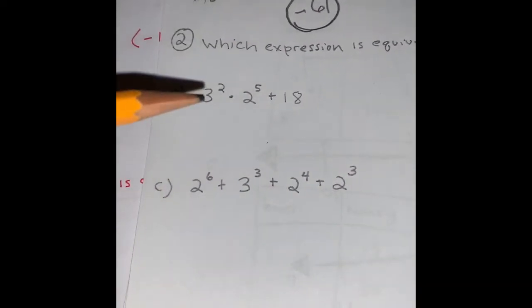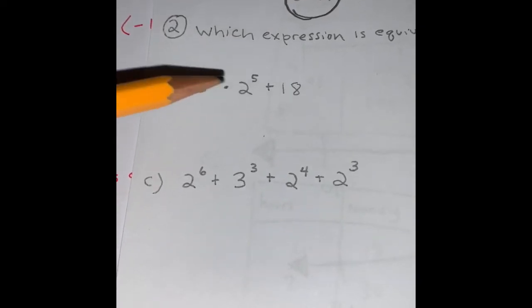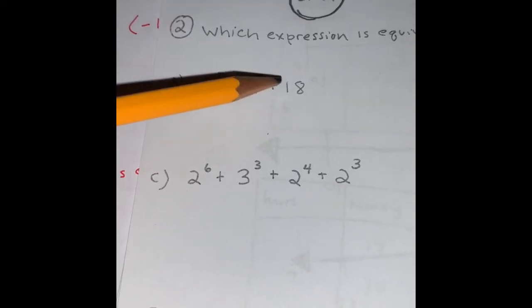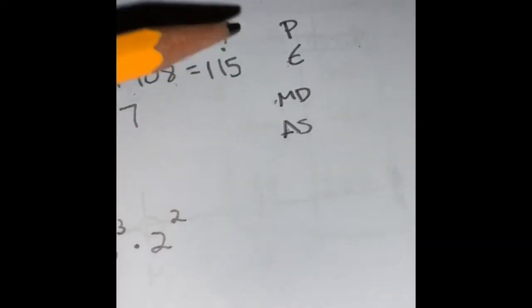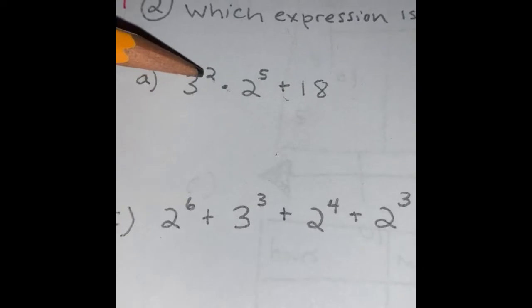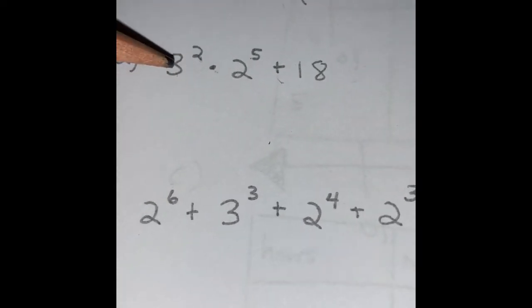So in answer choice A, before I start, once again, I have to look back at the order of operations. I know I have exponent, multiplication, exponent, and addition. So I'm going to look at my order of operations, and I see that exponent comes before the multiplication, so I have to do this first. I know that 3 to the exponent of 2 isn't 3 times 2. It's not 6.